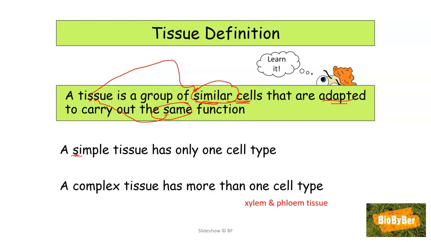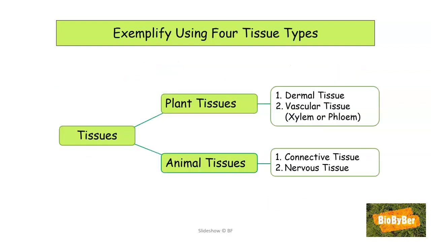Now, the objective of our lesson is to exemplify the definition of a tissue using 4 tissue types. We have to explain or show that a tissue consists of similar cells adapted for carrying out the same function, and to exemplify this, we have to make use of 2 plant tissues.